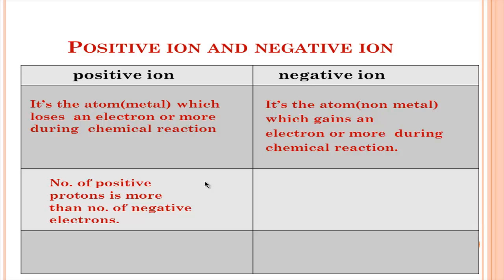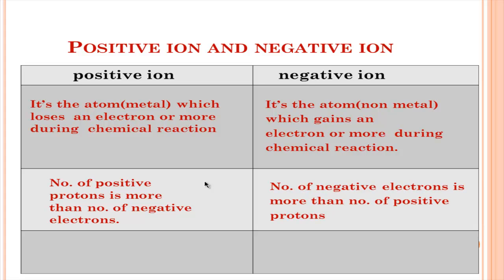In positive ion, the number of positive protons is more than the number of negative electrons, while in negative ion, the number of negative electrons is more than the number of positive protons. An example of positive ion is sodium ion, and an example of negative ion is oxygen ion.